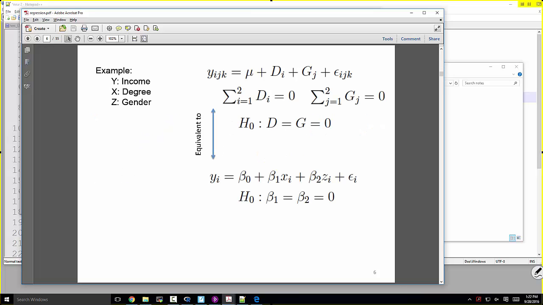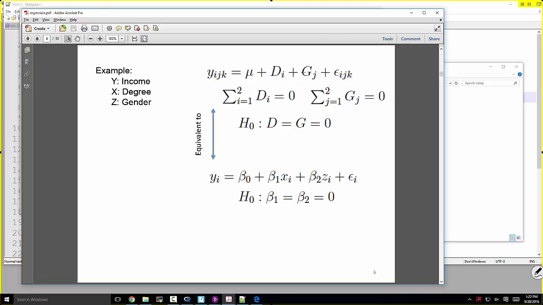Let me show you this slide briefly. The point of this slide is to say Anova, which we might think of as being its own thing. It's presented as its own thing. It's this analysis of variance. It looks different from t-tests. The models look different.